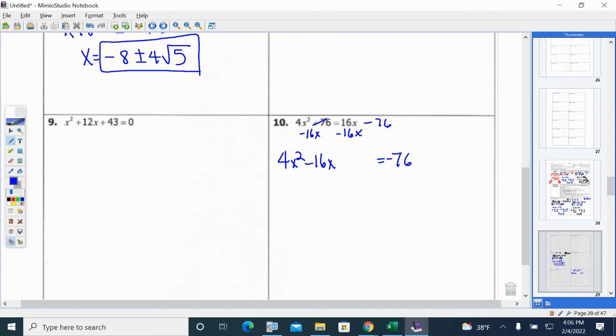So I've got my constant on the right. I need to get rid of the 4 that's on the x squared. Completing the square is not going to work unless that leading coefficient is a 1. So I have x squared minus 4x equals negative 76 divided by 4 is going to be a negative 19.